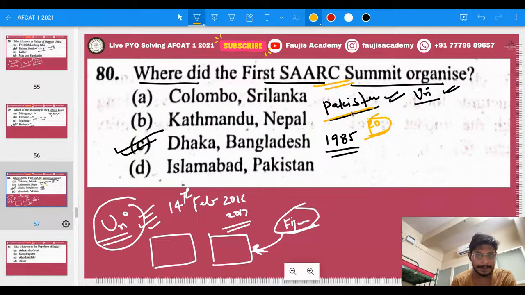And all of you already know that there are 8 SARC nations, right? SARC stands for South Asian Association for Regional Cooperation. The countries are India, Pakistan, Nepal, Bhutan, Bangladesh, Maldives, Sri Lanka, and Afghanistan. 1, 2, 3, 4, 5, 6, 7, 8.